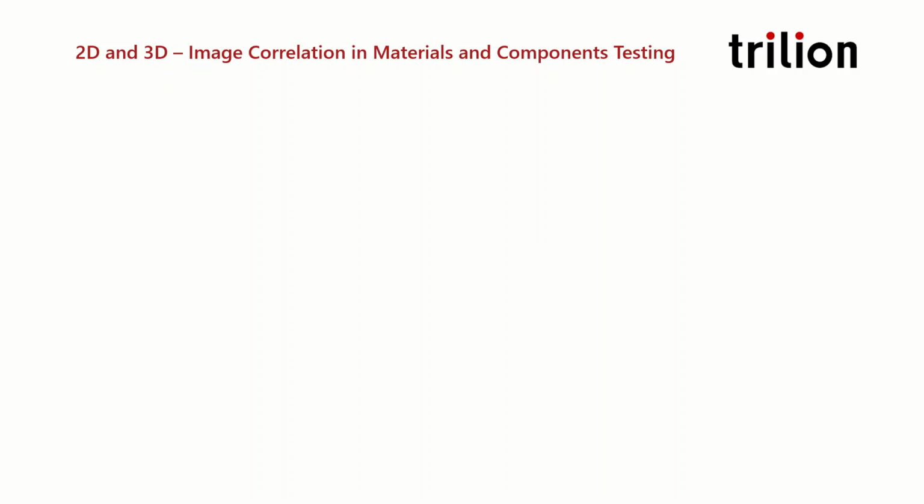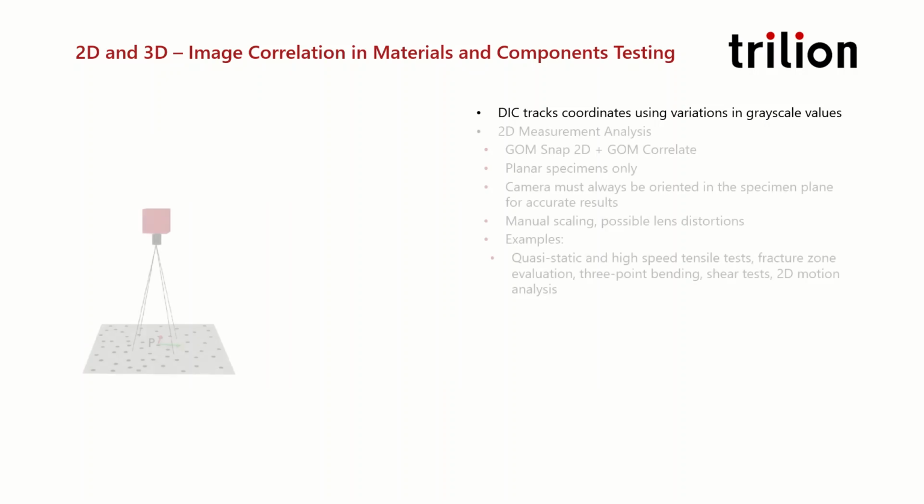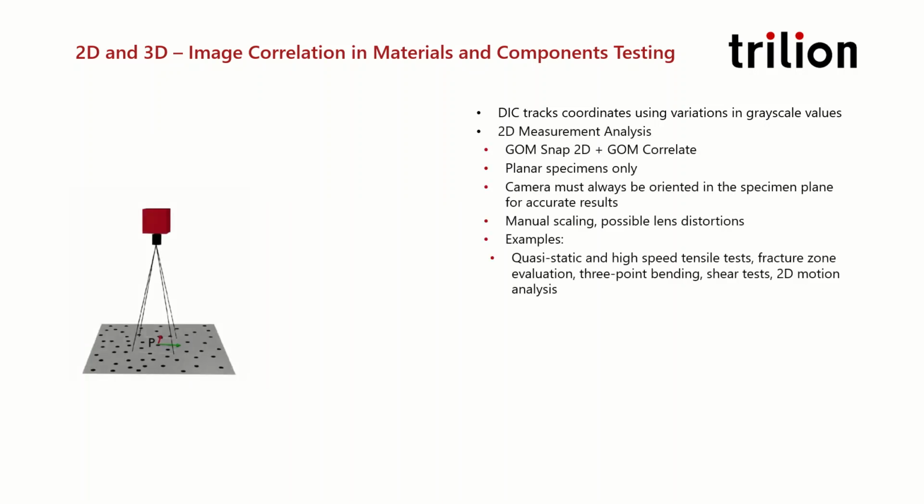This is a great webinar for learning more about the difference between 2D and 3D digital image correlation. DIC in general is a method of tracking coordinates using variations in grayscale values. 2D measurements are done using a single sensor in conjunction with GOM Snap 2D and GOM Correlate. Only planar specimens can be used, and the sensor must be oriented in the specimen plane for accurate results.